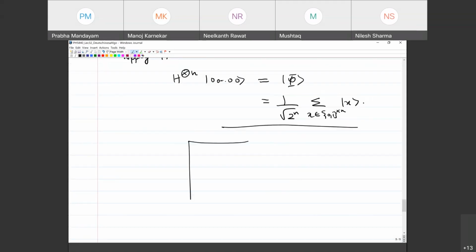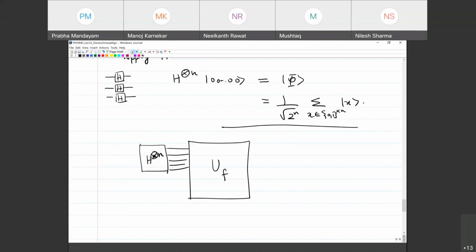I have U_f. I have this n-bit string. So I'm going to write here that this is simply Hadamard tensor n. You see, this Hadamard tensor n is very easy to implement because it is simply a Hadamard on each individual qubit, like this, right? That is what H tensor n is.